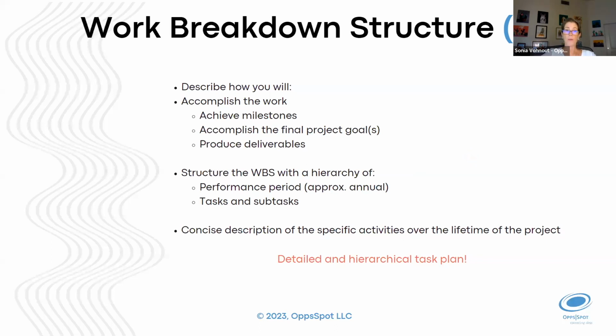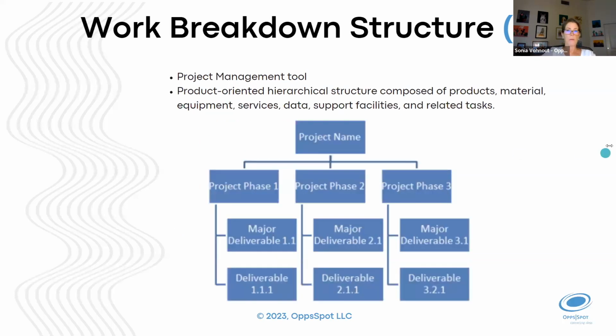And one of the nice things, if you do this well, it's also going to help you to have a credible budget, not only for the reviewers, for yourself, because a lot of times folks tend to underscope their budget. So you get the money and then it turns out it's not enough. So by doing a well structured and defined WBS, you're going to also have a more credible and a more accurate budget.